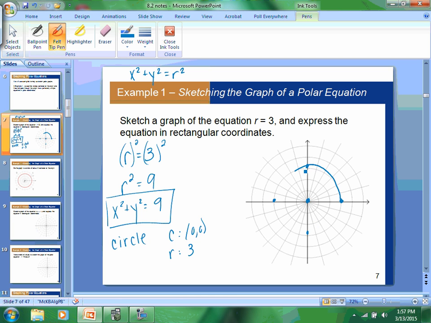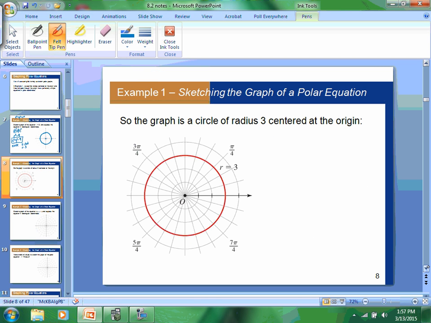So we end up getting a circle that has a radius of 3. We're more familiar with seeing this equation in its rectangular form as a circle, but now that we're practicing polar coordinates, we can see that r equals 3 really means you have a circle with a radius of 3. Okay, so there's the nice, pretty book picture.